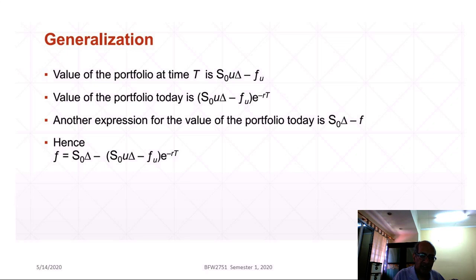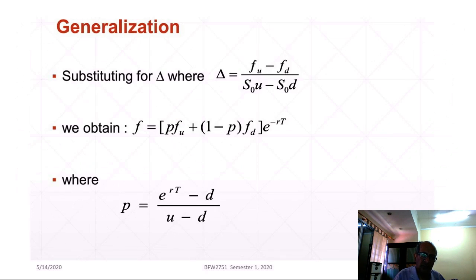Hence, the value of the portfolio itself is S0 delta minus f, equal to S0 up delta minus up function, discounted now, because what you are calculating here, S0 up delta minus up function, is 3 months later or the expiry. You are trying to compare it with the current S0. That's why you have to discount it. Bring it to present value.